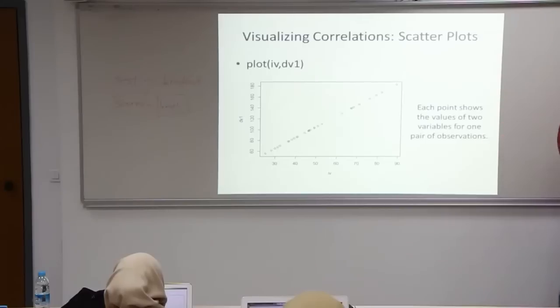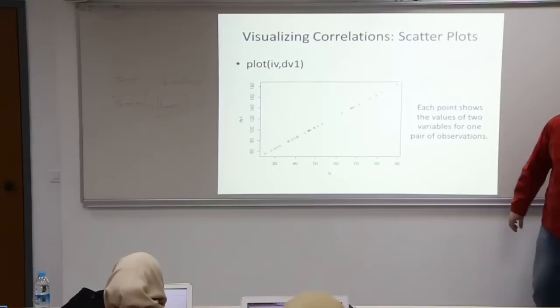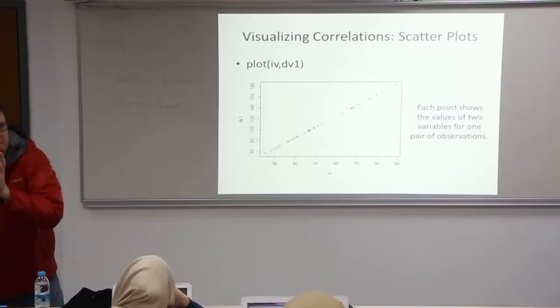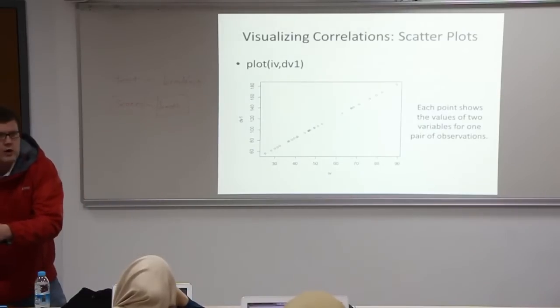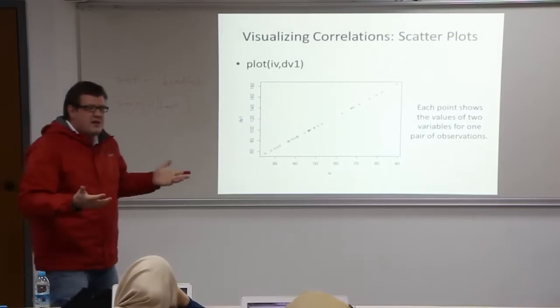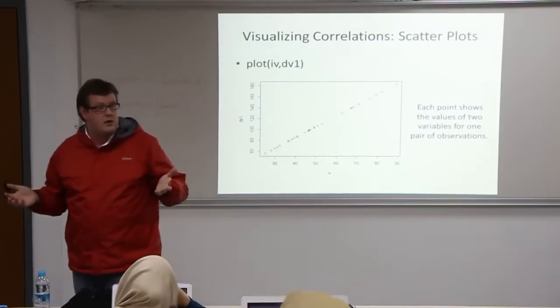Each point on this is showing you the values of both variables at the same time for one pair of the observations. So it would be like I was measuring her. Okay, what's your IV level? What's your DV level? Sorry, what's your independent variable level? What's your dependent variable level? Maybe it's something like height and weight, right?